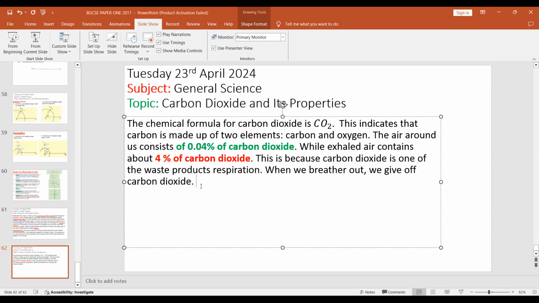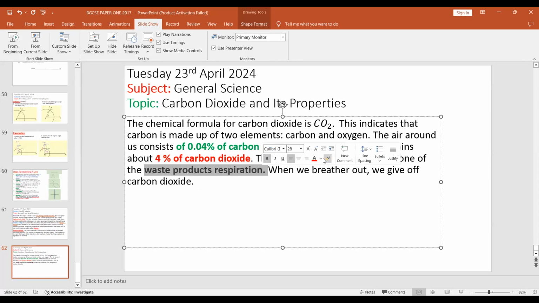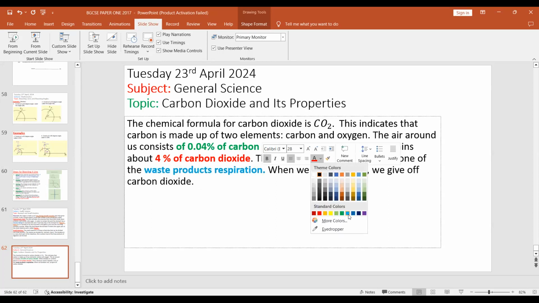Now, the next thing we need to know. We know the composition of it in the air. We know its chemical formula. Those things are important. We know it is a waste product of respiration. But how do plants use carbon dioxide? That's very important.